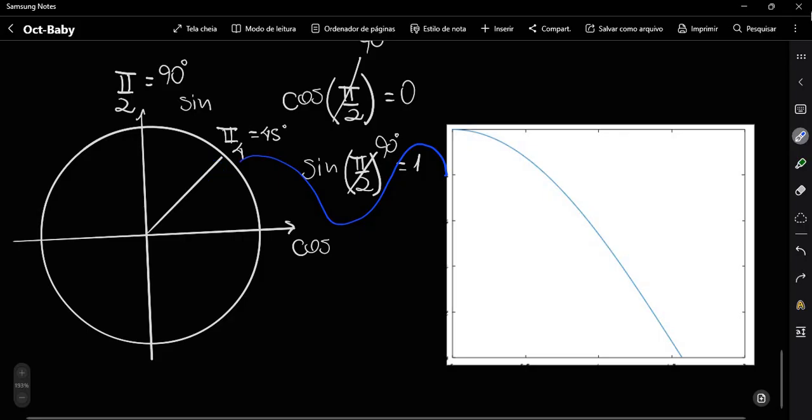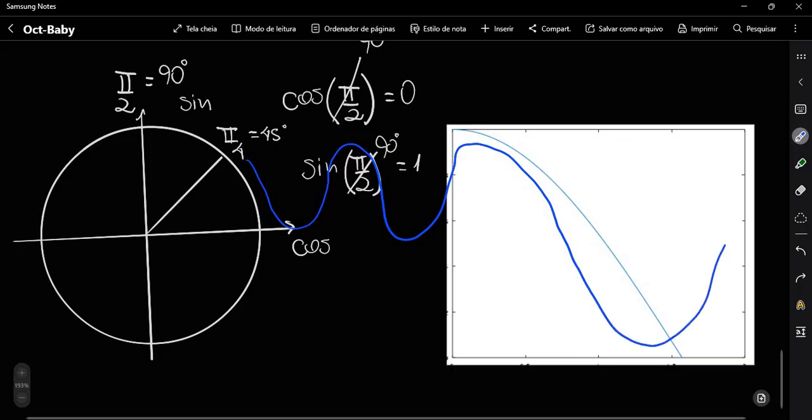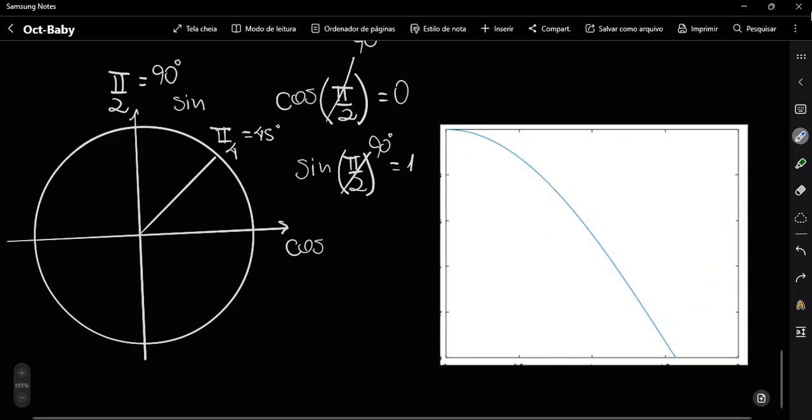So this phasor is going up and down, and as it is going up and down, it is varying the signal this way. So it's something like this. Okay, I'm trying my best.